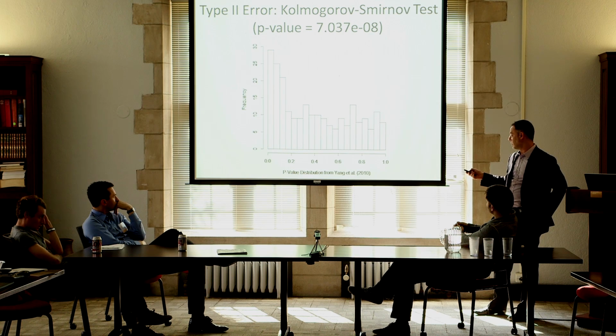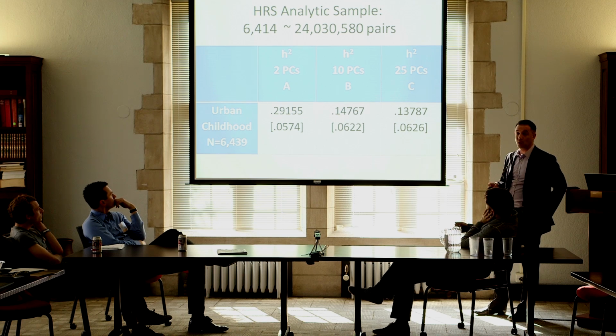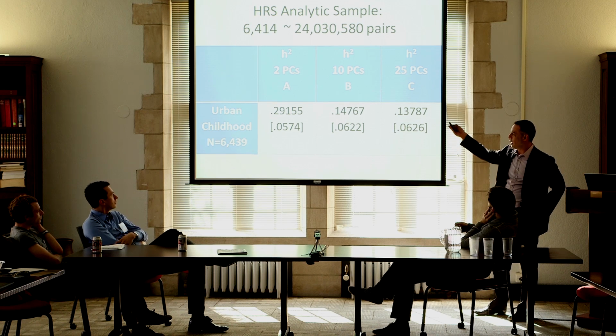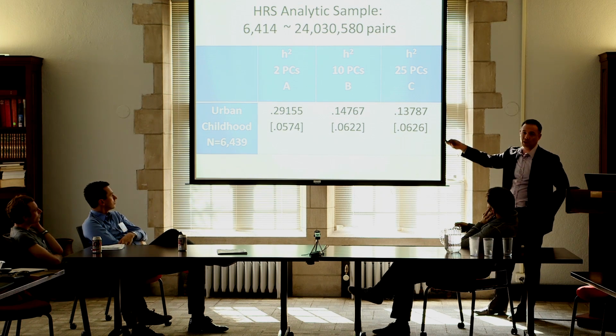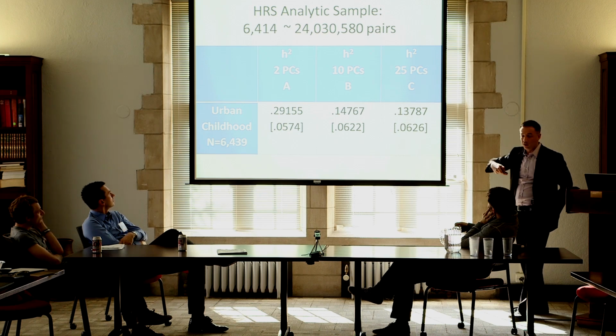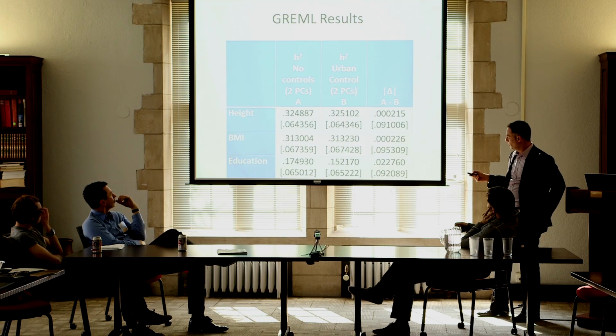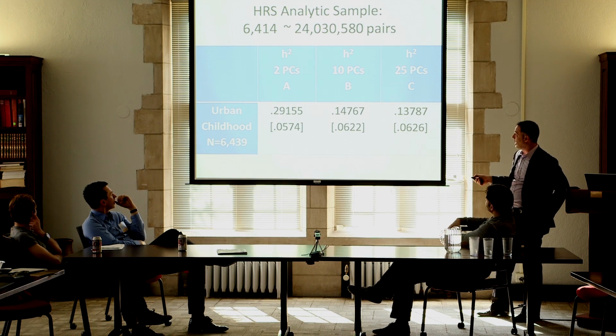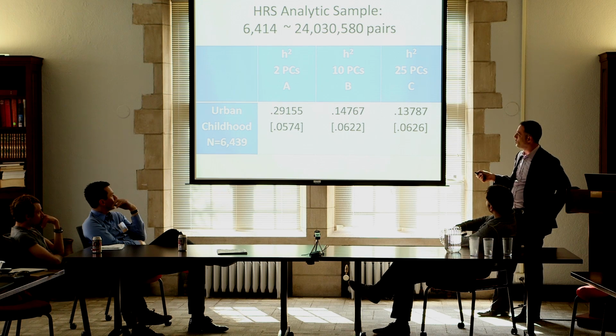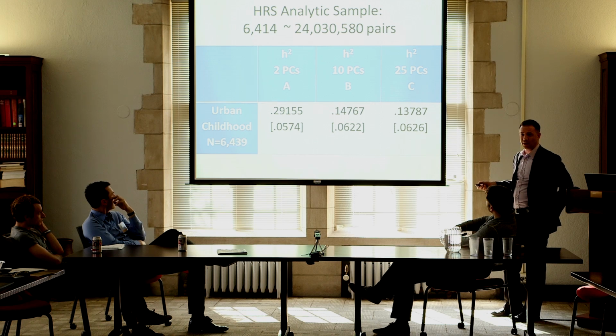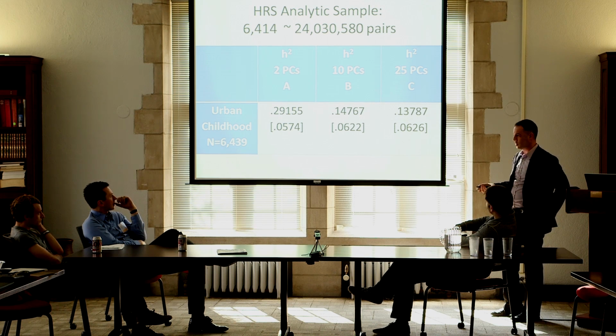In this case, that was urban, whether you grew up in an urban or rural area, and it doesn't matter whether we collapse suburban with the urban or suburban with the rural, it comes out the same, and we find that it's highly heritable. Using the standard 2 PC controls, we find that where you grew up as a child is heritable, has a genetic component, which doesn't make sense using this method under their assumptions.